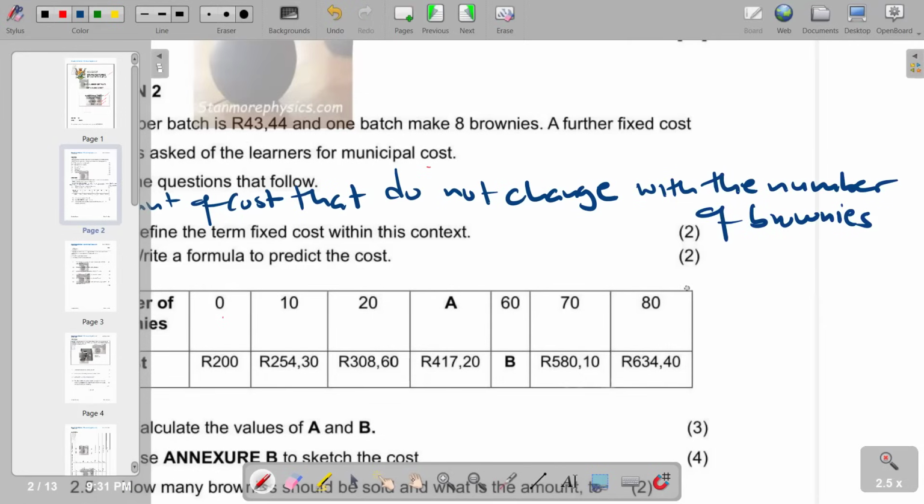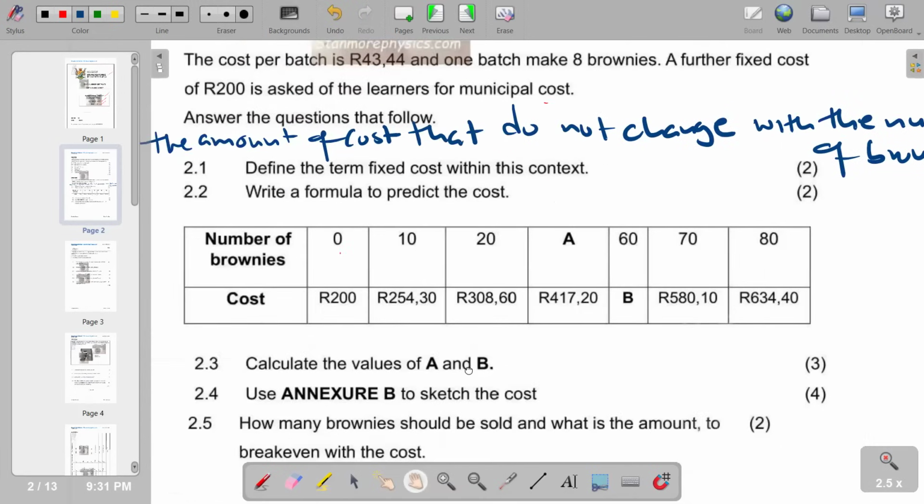So this is our contextual meaning according to the information that we have. Now 2.2, write a formula to predict the costs.